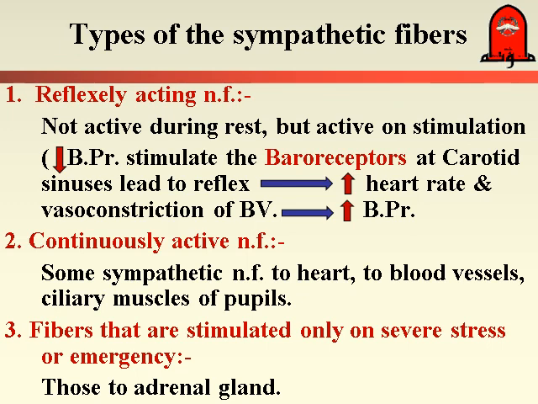So during rest they are inactive; they are stimulated only in severe stress or in emergency. So we have three types: reflexly acting, continuously acting, and fibers that are stimulated on severe stress.